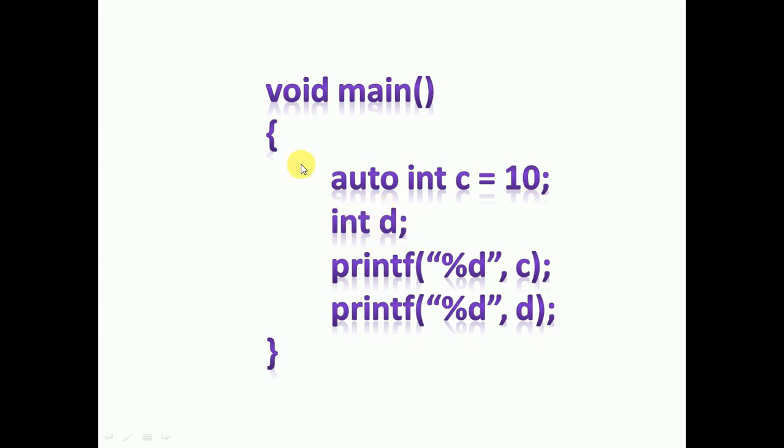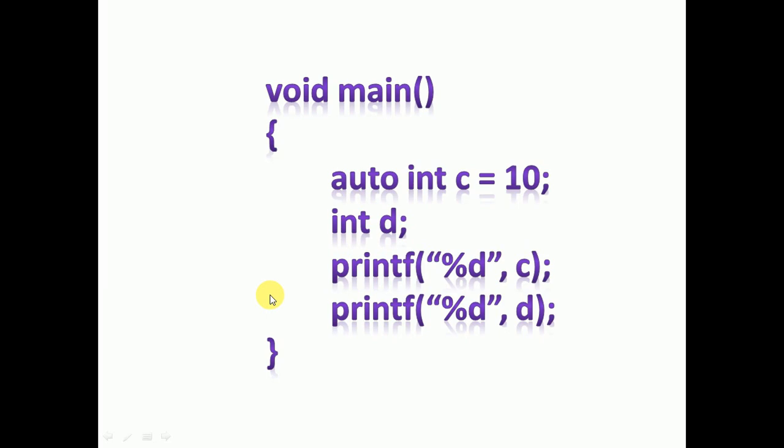The scope within which we can access c and d is this bracket. If we try to access int c and int d outside this scope, the program will show an error.